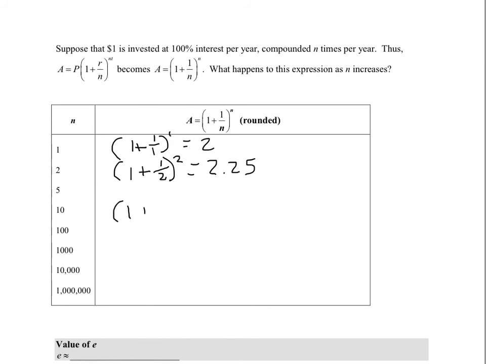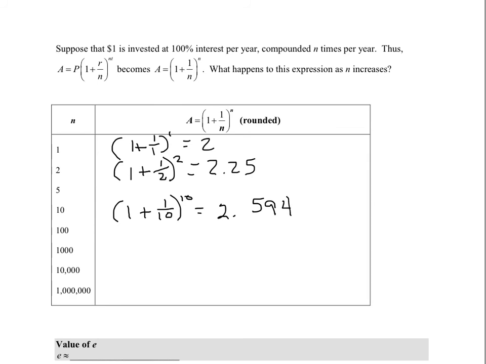We're not going to do all of these, but we'll do enough where you can see the pattern. If I were to use 10, we would have 1 plus 1 over 10 to the 10th power, and that would be 2.59 if I go 2 places to the right of the decimal. In fact, let's go 3 places, 2.594.